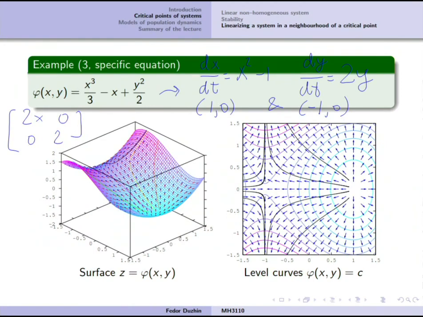That's the general form. Now, at the critical point (1, 0), we are going to get 2, 0, 0, 2. And at (-1, 0), we are going to get -2, 0, 0, minus 2. Sorry, plus 2.